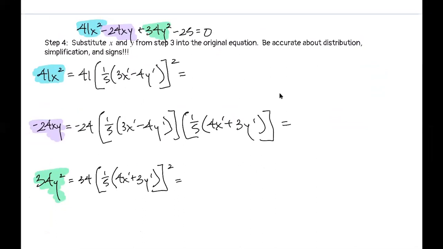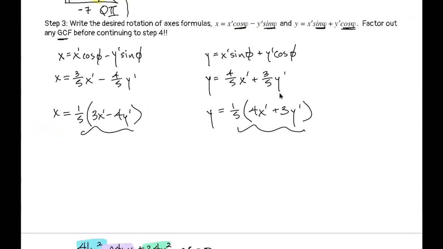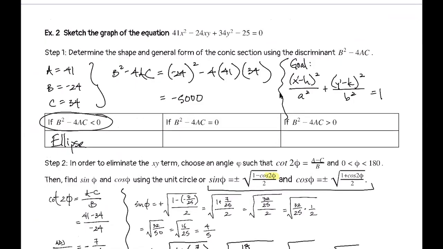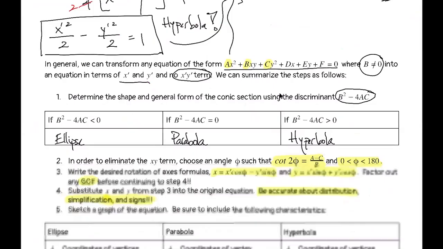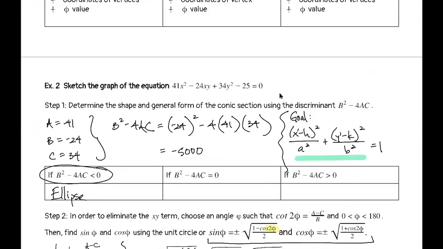Okay, we're going to stop here for today. But if you want to think ahead about where we're going to go on Monday, we're going to do a bunch of foiling, a bunch of combining like terms, and trying to get this whole equation to have something that looks like this, okay?